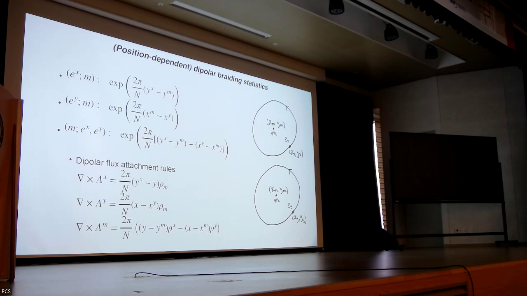So what I really want to say is that there is a lattice model construction for this dipolar anyon braiding, where obviously the coordinates are all integers. And then what I can also do is come up with the field theory version of that phenomenology.